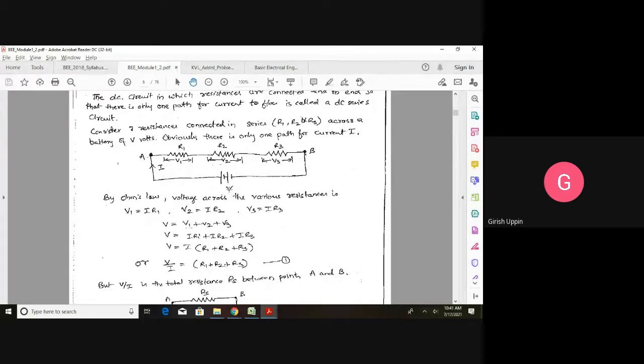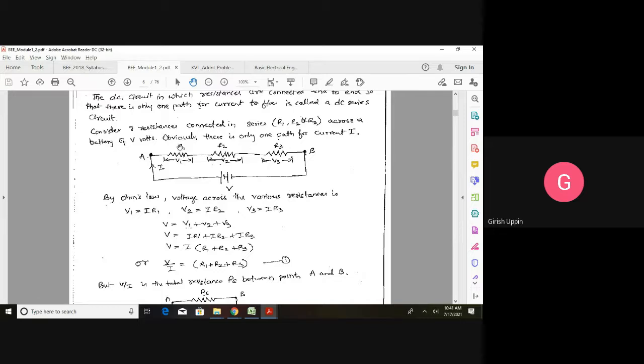Now, therefore, V is equal to V1 plus V2 plus V3. That is what we are going to see here. The applied voltage is equal to the sum of the individual voltage drops, and we can apply Ohm's law to each of these resistors. The current that is flowing through all these resistors is I, because there is only one path, the same current I will flow through all the resistors.